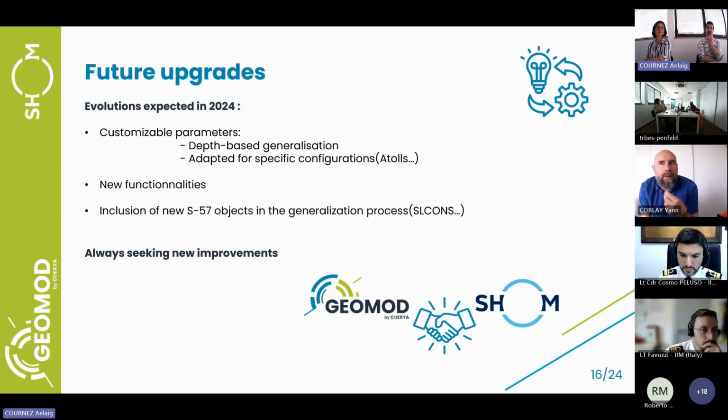As Yves said, the tool is expected to evolve and improve itself anyway in the coming years. So there will always be some work to do. And the aim is to get as close as possible to the chart produced by the Shom cartographers to get the best result.